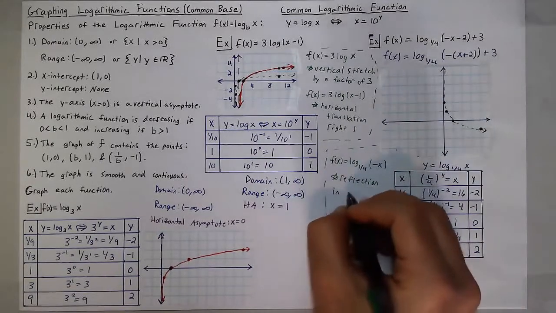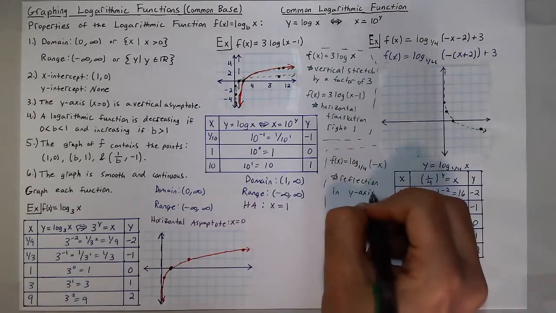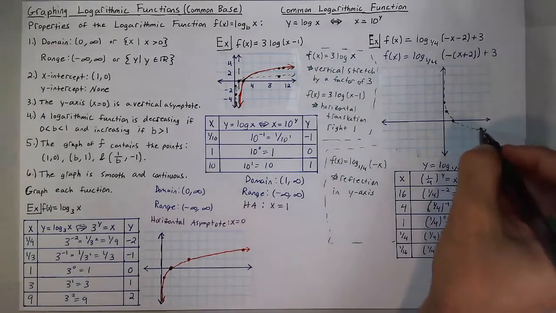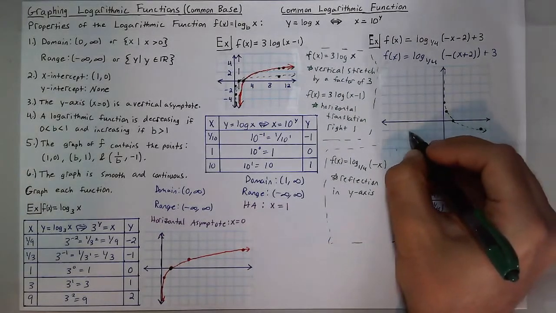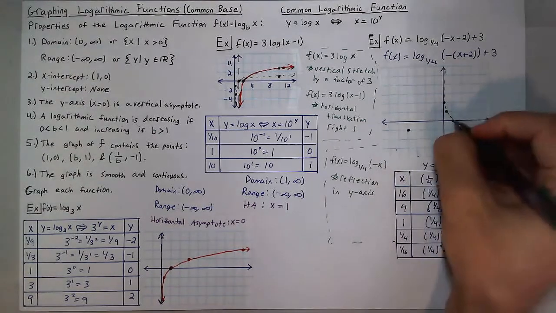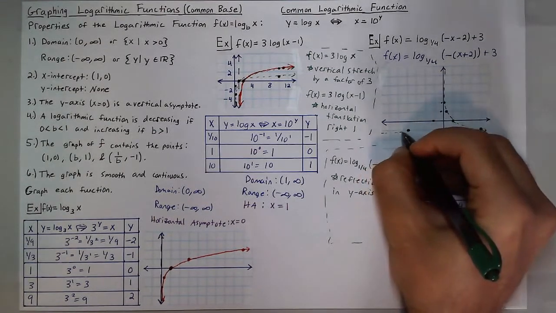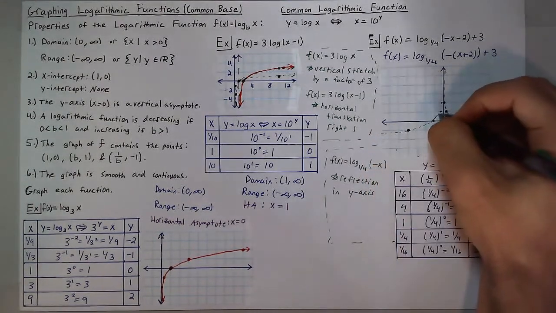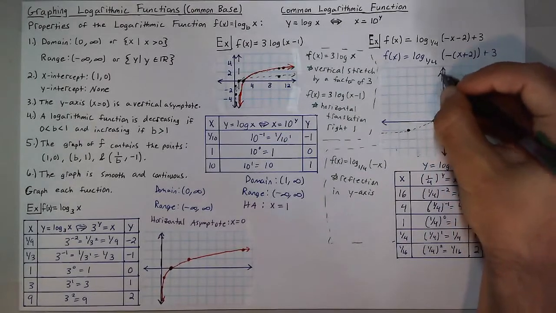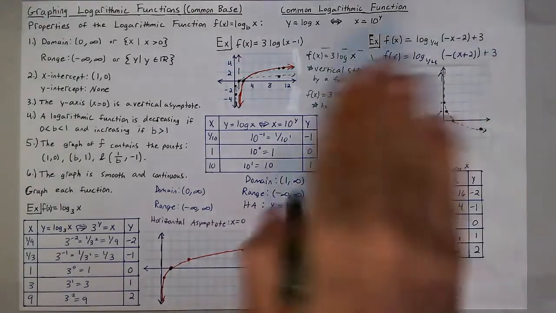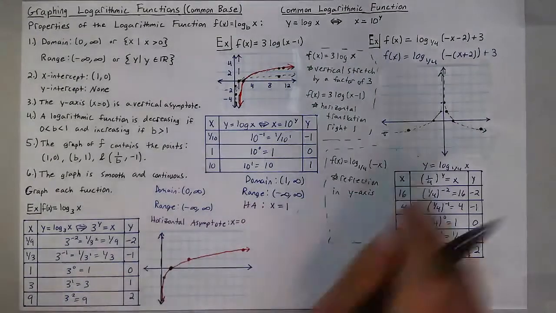It's a horizontal reflection. So every point is going to reflect across the y-axis to look like this. So you'll see it's now reflected across that axis.